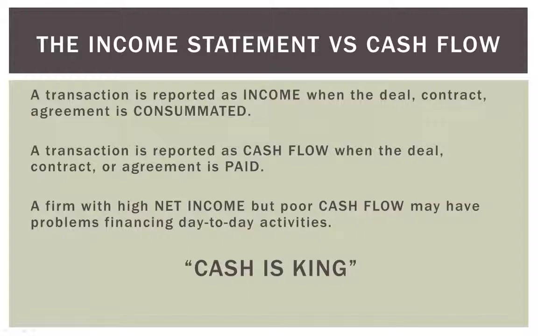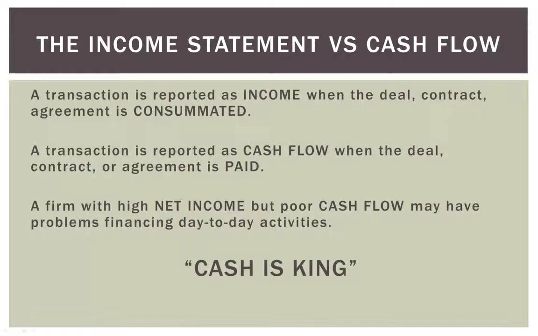So think about this. A firm with high net income but poor cash flow may have problems financing its day-to-day activities if it is using its incoming cash to finance them. You can think of businesses that have billed customers for whatever service or goods they have shipped or provided, but have not received the cash into the business for those goods or services.